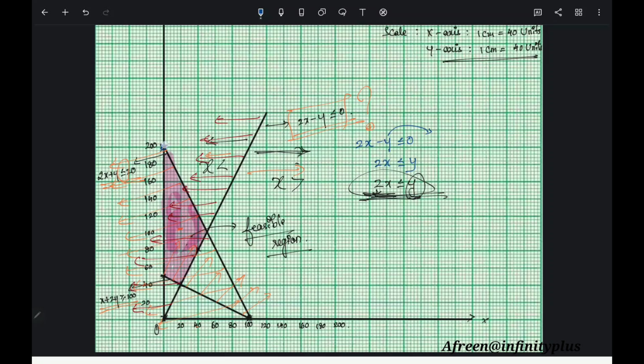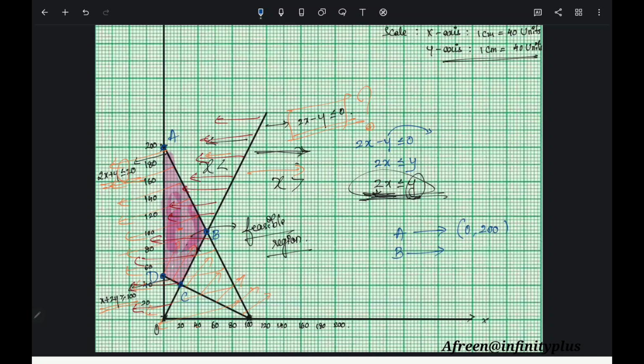We know that at the corner points of a feasible region, we will get the solution. So I'll be taking the corner points as A, B, C and D. At these 4 corner points, we will be getting the maximum and the minimum value for the objective function. So A will be having the coordinates 0, 200. What are the coordinates of the B point?